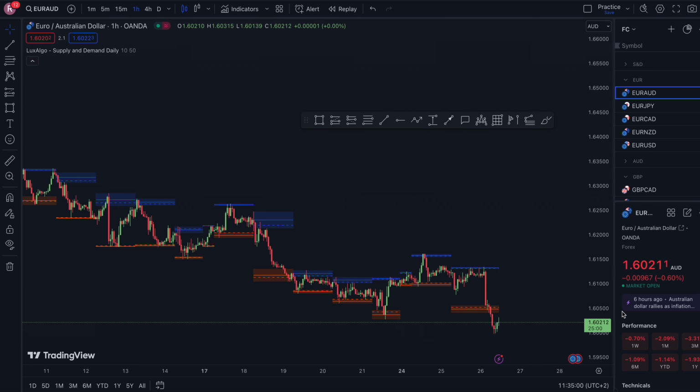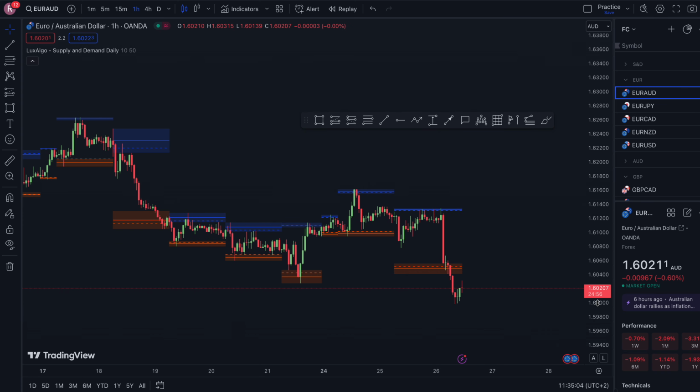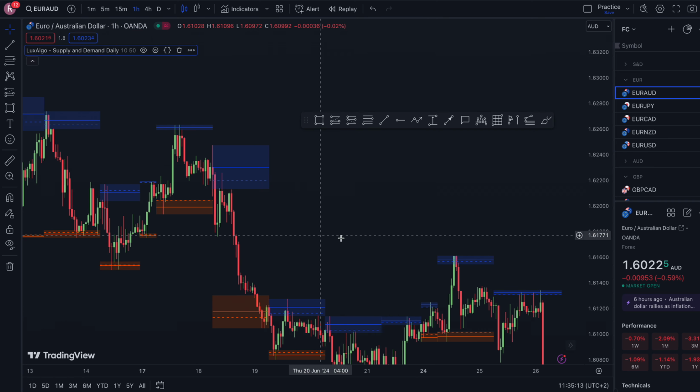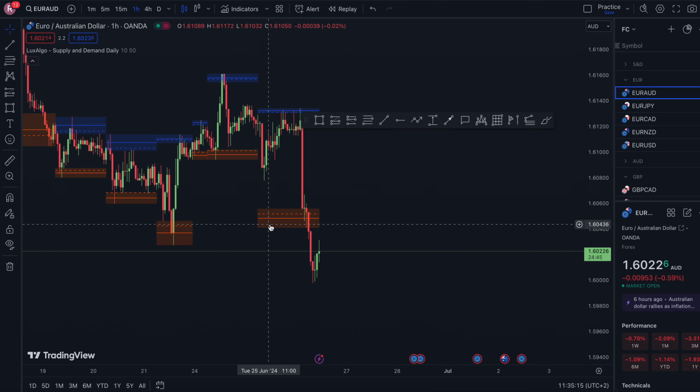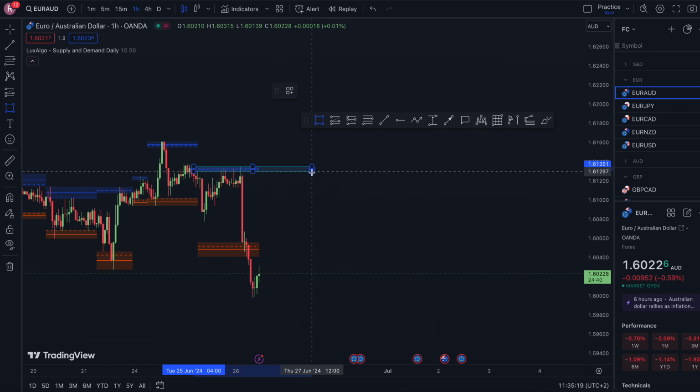Cool. So once you have your supply and demand, I want you to know that the blue is supply and the orange is demand, right? So whenever price gets into these zones, for example, this right here is a supply zone.